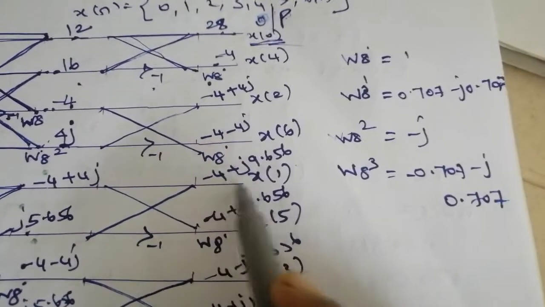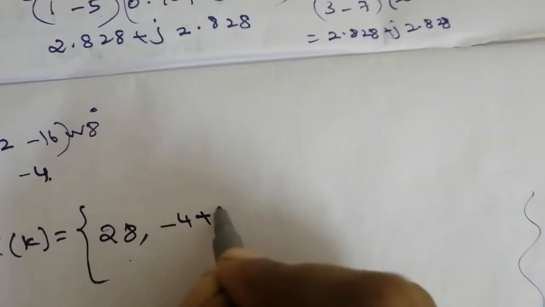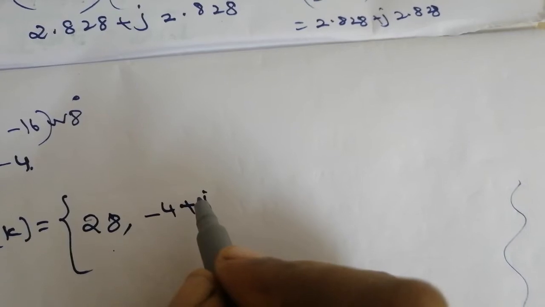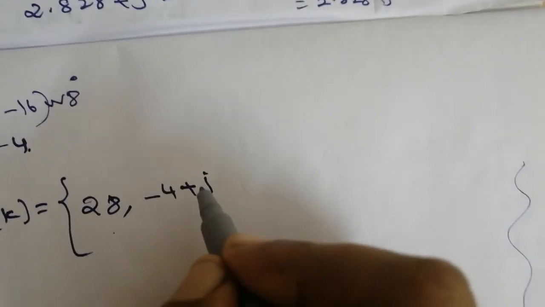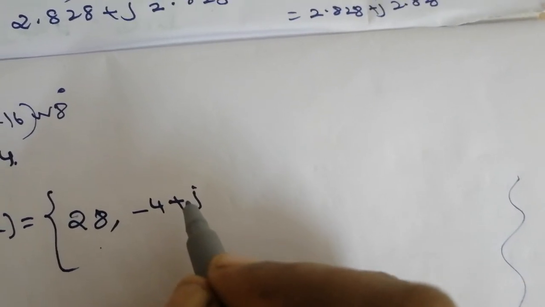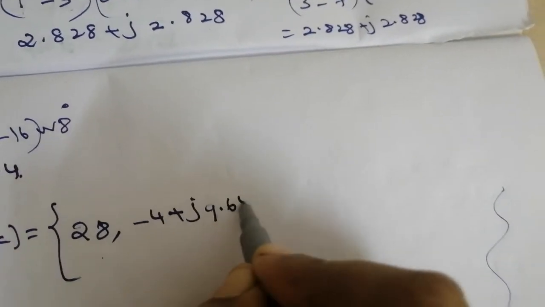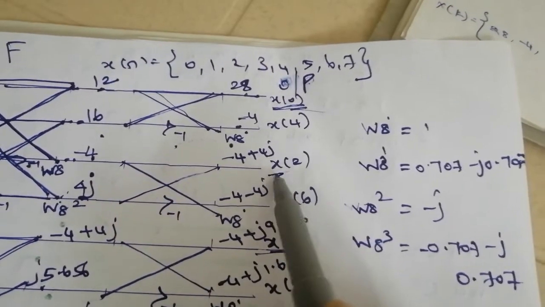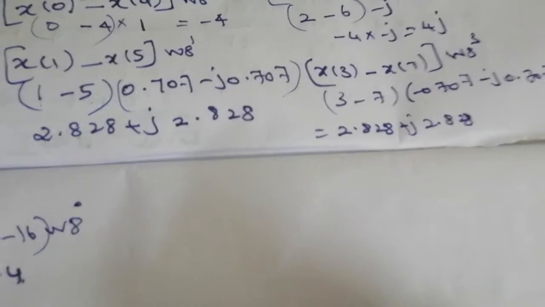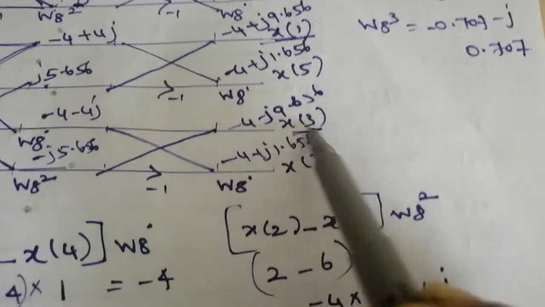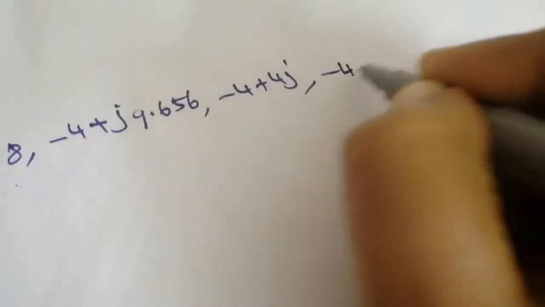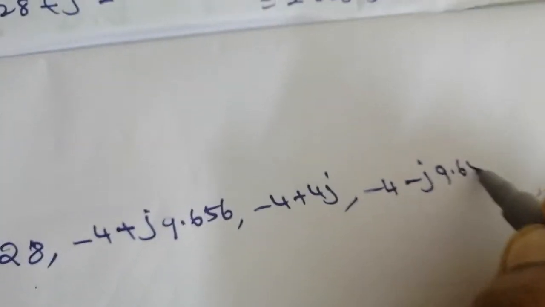So x of 1 line is this line. So this answer is minus 4 plus j 9.656, right? Then x of 2 line is this one. This answer is minus 4 plus 4j. Then x of 3 line is here, right? So this answer is minus 4 minus j 9.656.